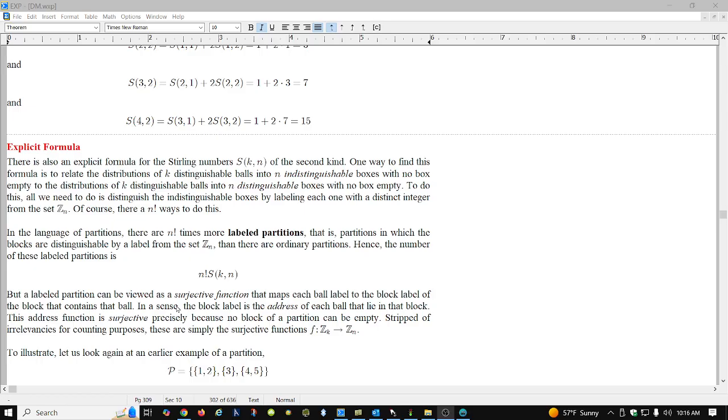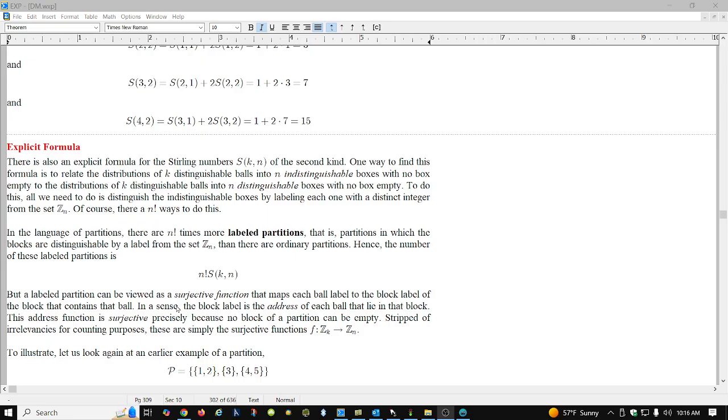And one way to find this formula is to relate the distributions of the k distinguishable balls into n indistinguishable boxes with no box empty to the distributions of these balls into n distinguishable boxes with no box empty.